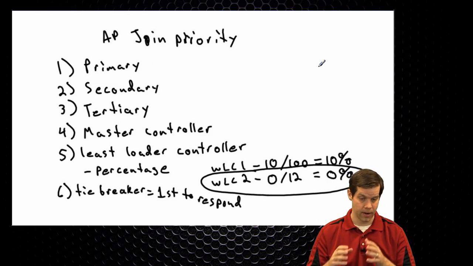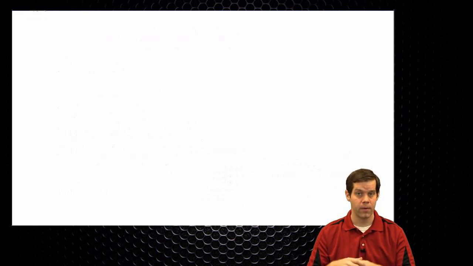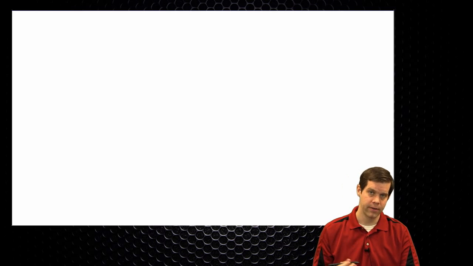Now, once I've figured out what controller I'm going to join, the join process really starts in earnest. So now I'm going to send a join request to my controller of choice. In that join request, it's going to send an X.509 certificate.